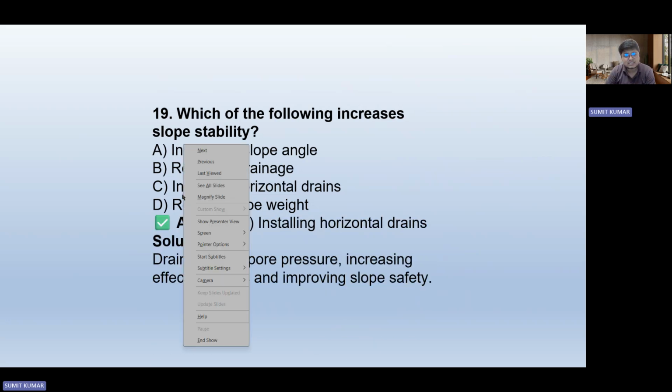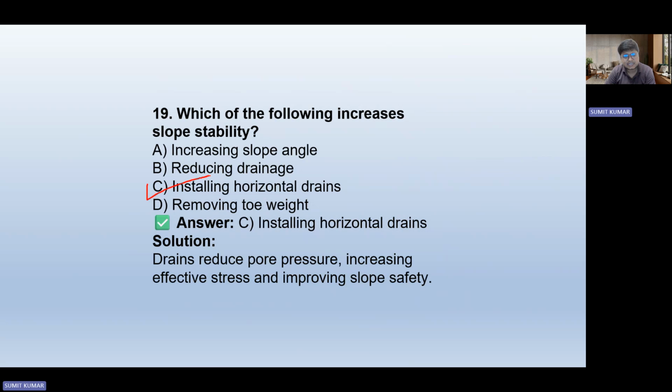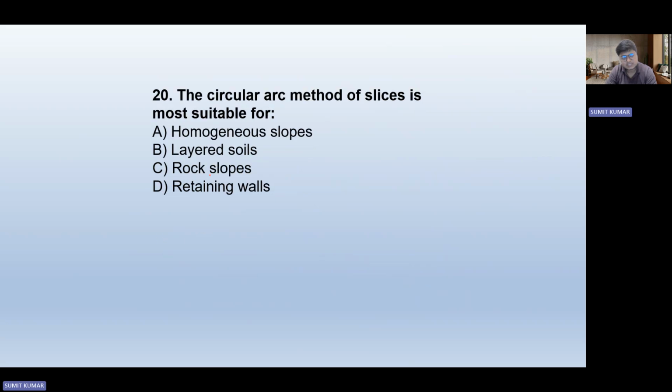So option C is correct: installing horizontal drains will increase the slope stability, as drains reduce the pore pressure, increasing the effective stress and improving the slope stability.